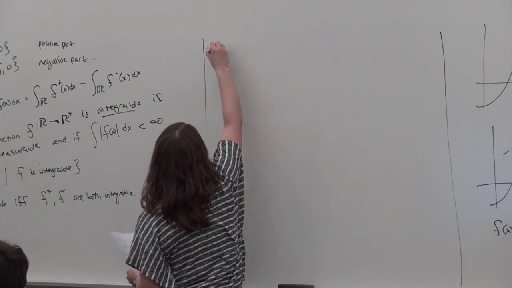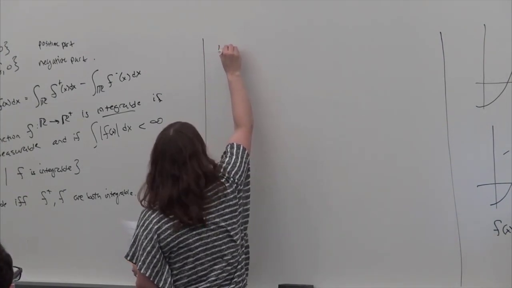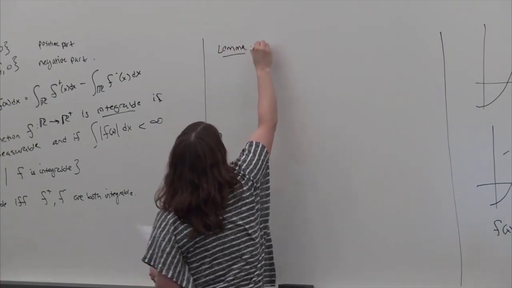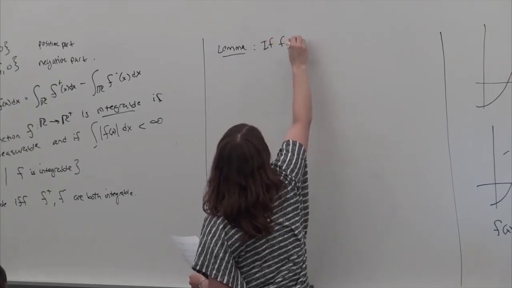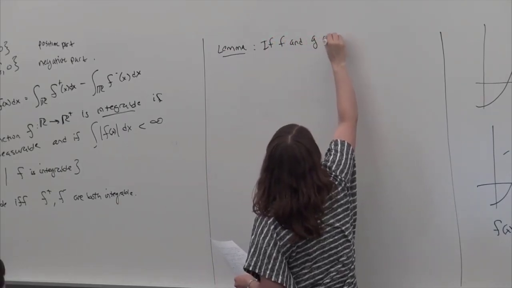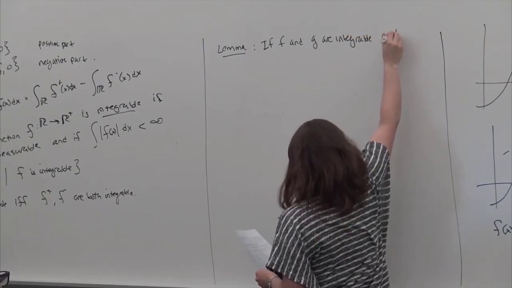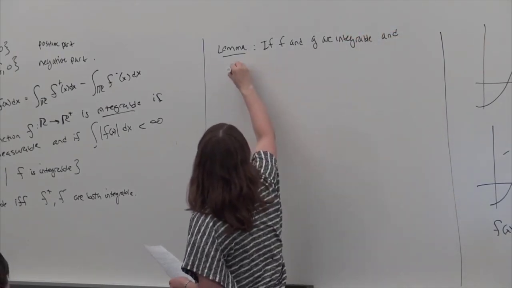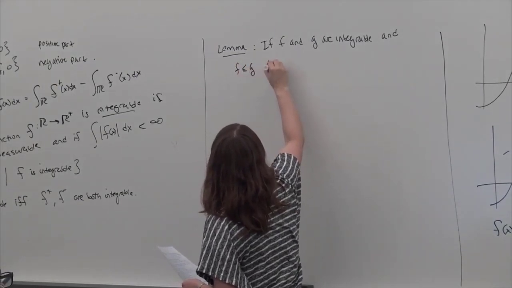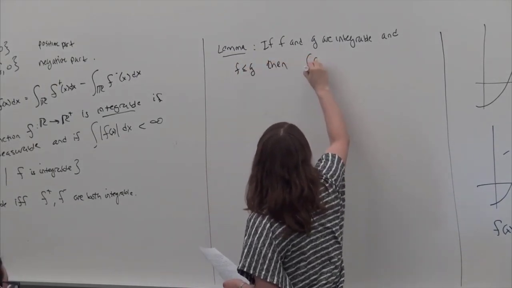So let us start with this little lemma. That if f and g are both integrable, okay, and if they're ordered, then the integrals are also ordered.